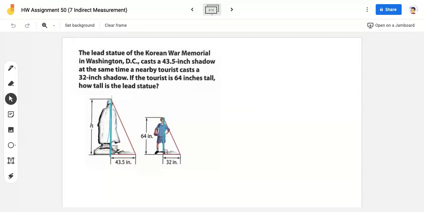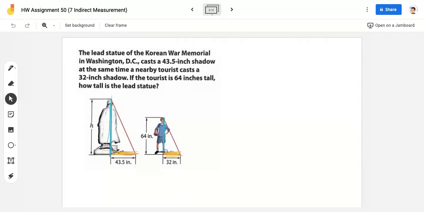In addition, the shadow that the person casts is going to correspond to the shadow that the figure casts. So we have our corresponding sides, and we're given that these are similar figures.